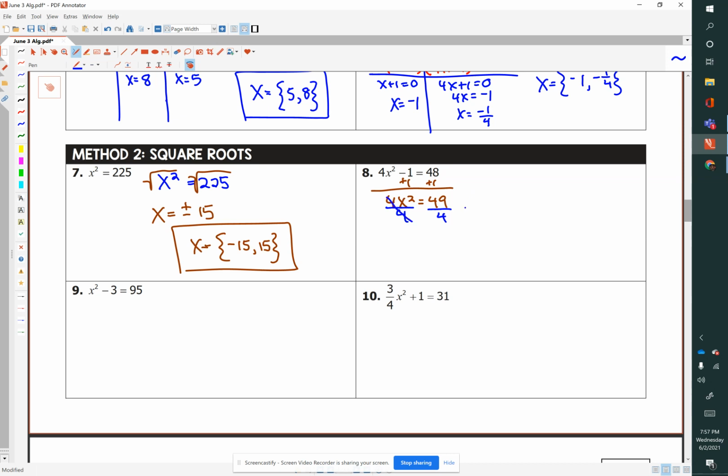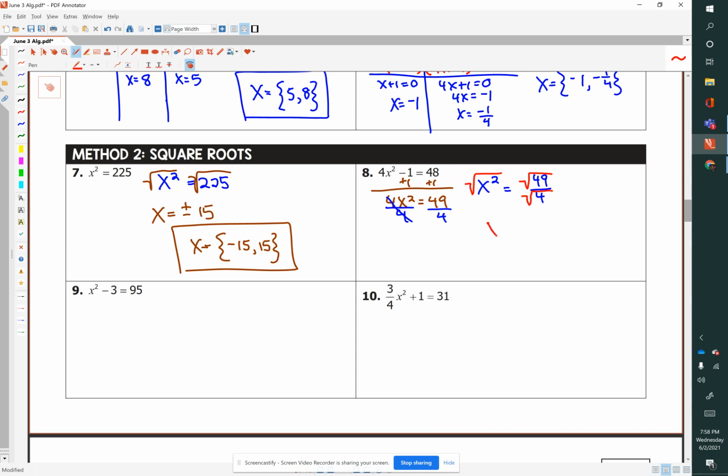We like that. Let's divide everything by 4 so we can isolate the x squared. So now we've isolated x squared equals 49 over 4. So now we're going to take the square root of each side. And remember, we can take the square root of 49 over the square root of 4.